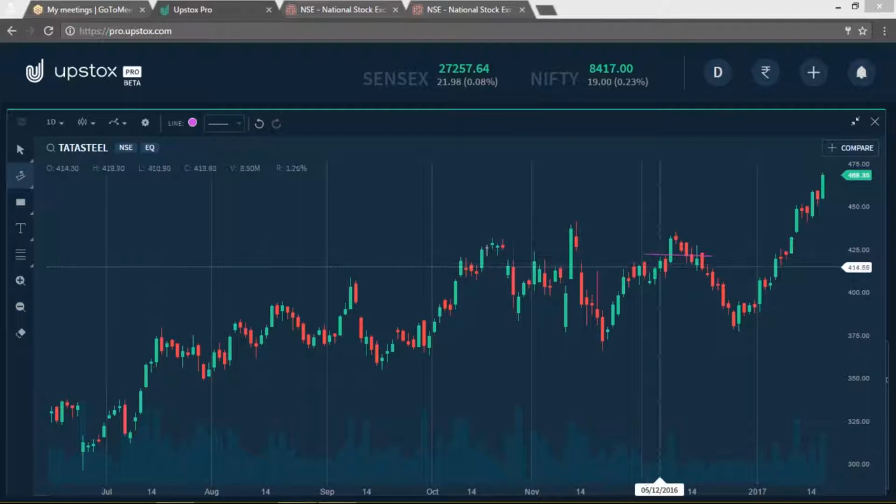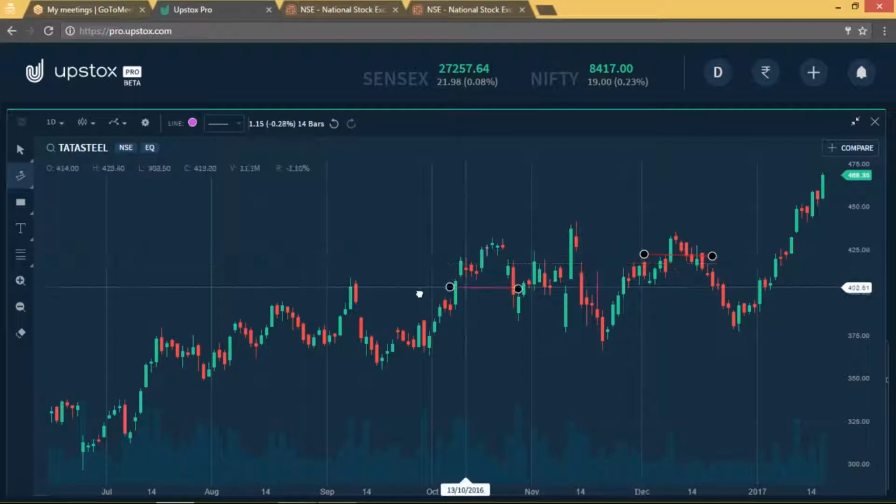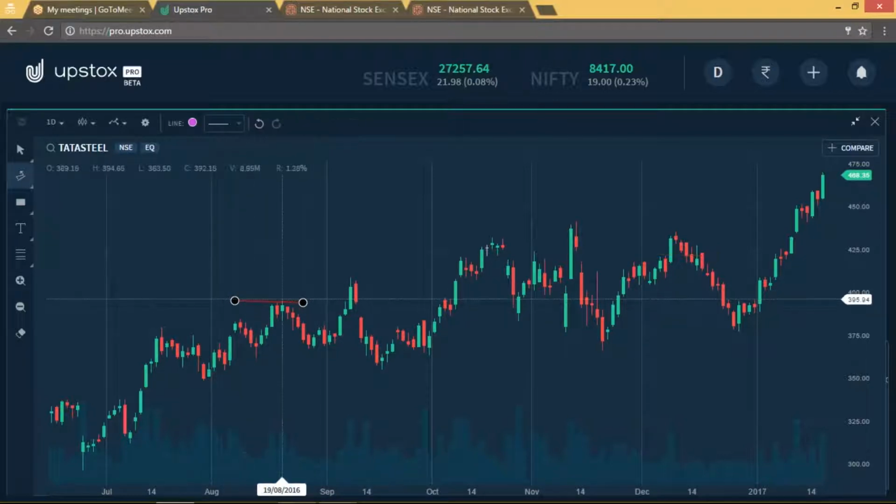Okay, now let's see any other setups that we have missed. This one we have, did we check this setup? We haven't, right? So the line is actually a little crooked. You have to straighten it.